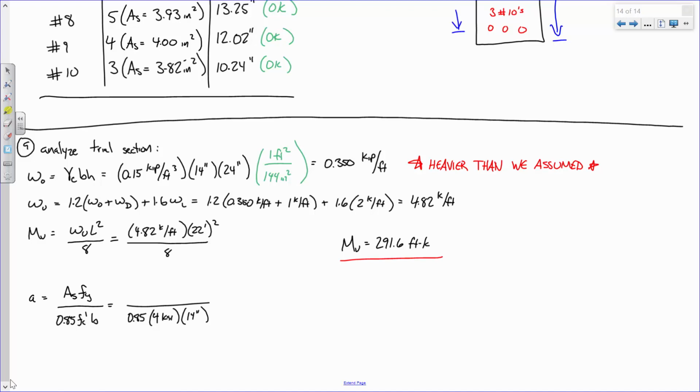So 3.82 inches squared, and then 60 KSI. Remember, it was 60 KSI rebar.